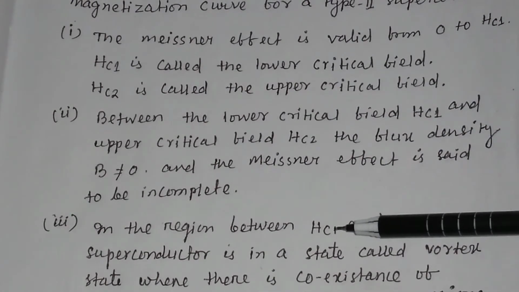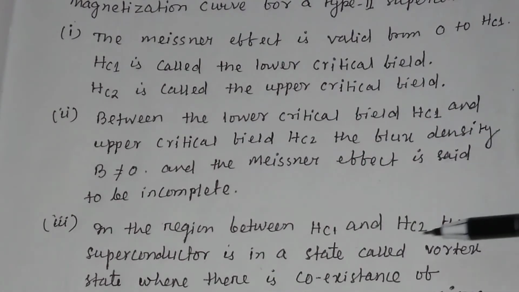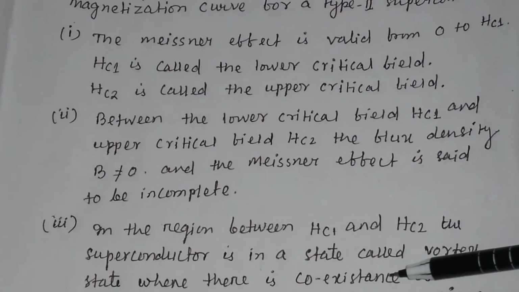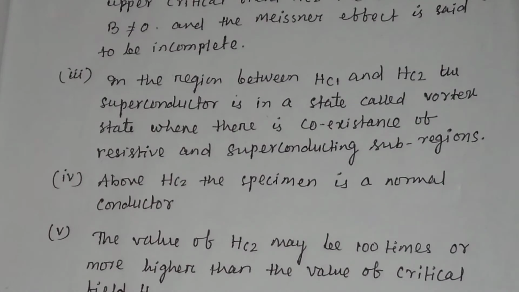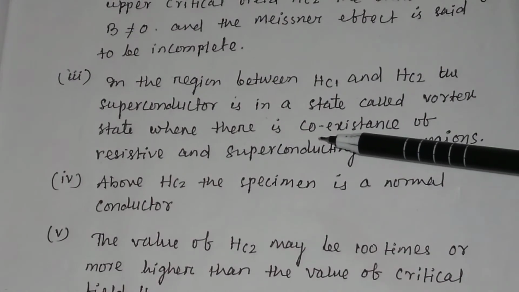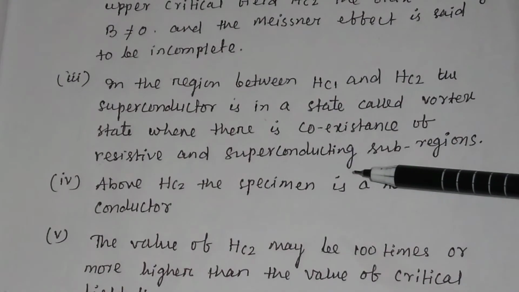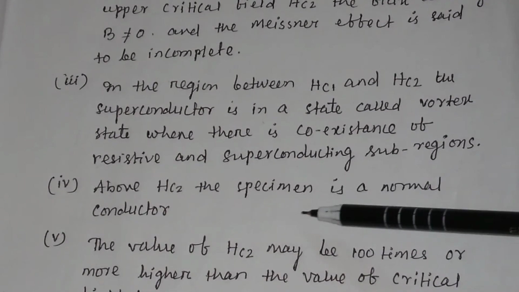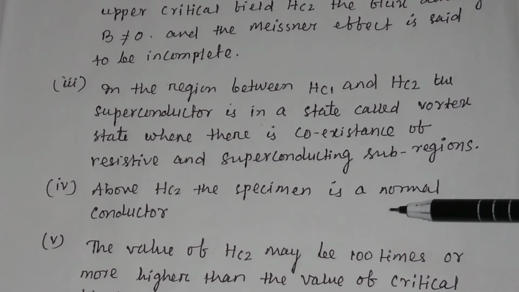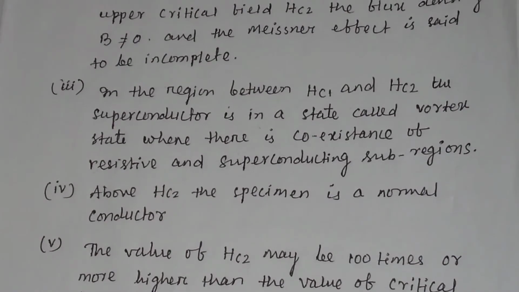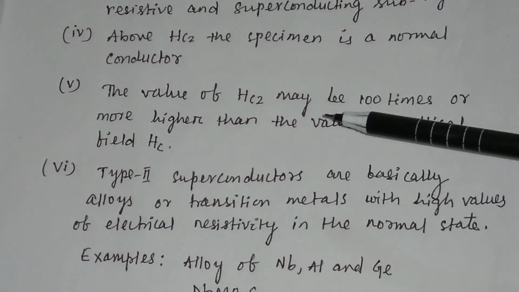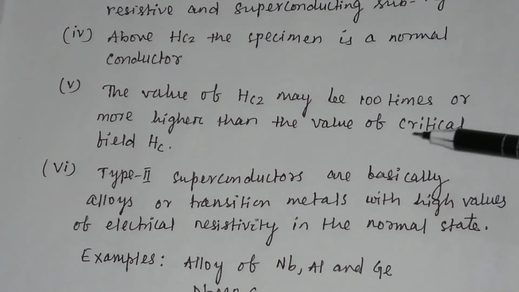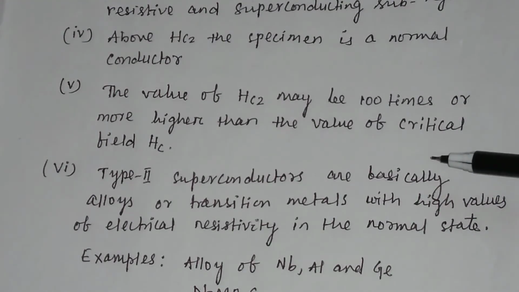In the region between Hc1 and Hc2, the superconductor is in a vortex state, and in vortex state there is coexistence of resistive and superconducting subregions. Above Hc2, the specimen is a normal conductor. The value of Hc2 may be 100 times or more higher than the value of the critical field Hc.